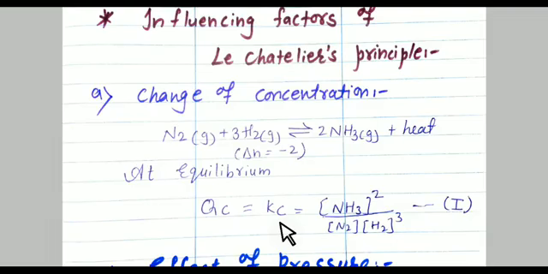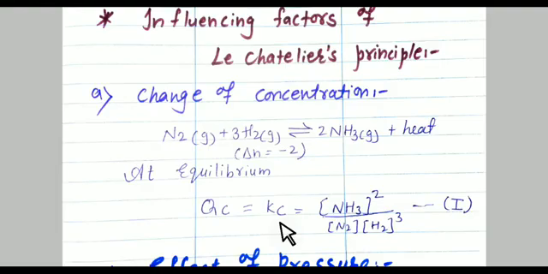So the system can regain its equilibrium. In this way, the system responds to any change in concentration, restoring the equilibrium position.